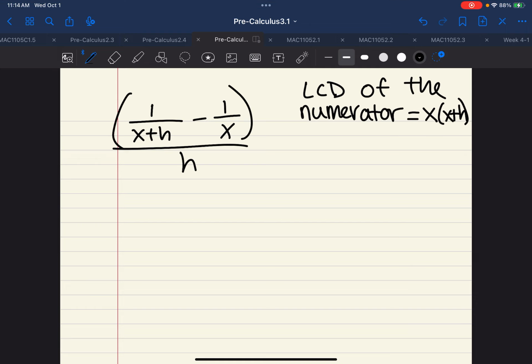Just multiply those two denominators together. So I am going to multiply the top and the bottom by x times x plus h to keep my fraction equal.